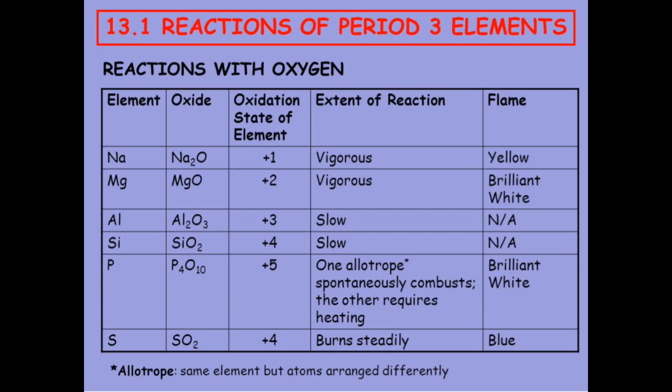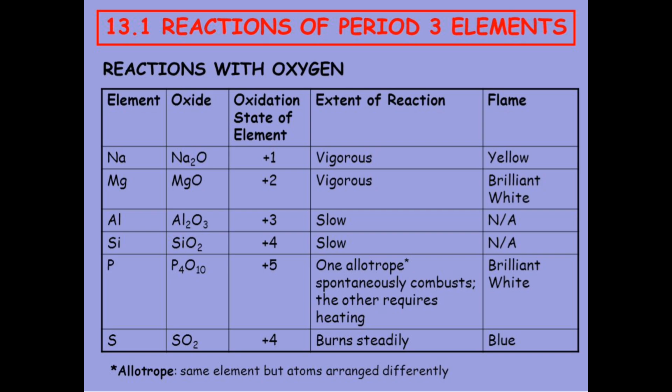Okay, so let's look at the period 3 elements and their reaction with oxygen. Sodium reacts with oxygen to produce sodium oxide with a yellow flame. Potassium will also do the same, and it will produce a pale yellow flame.